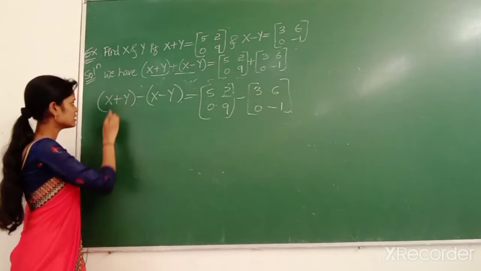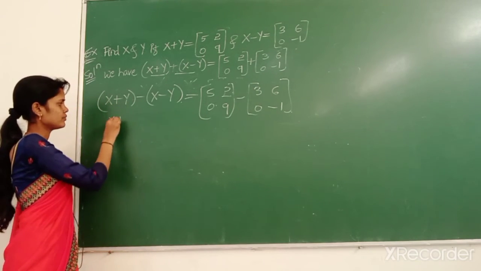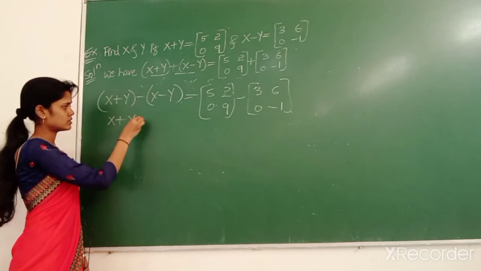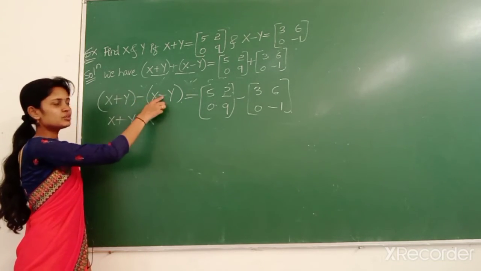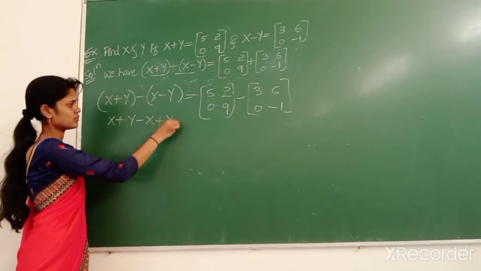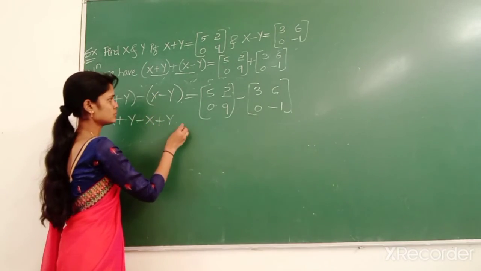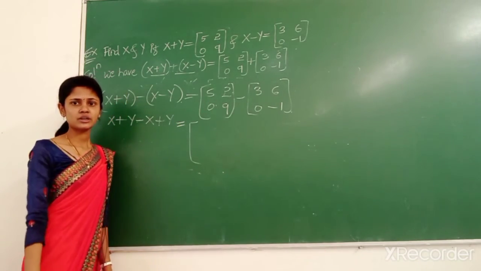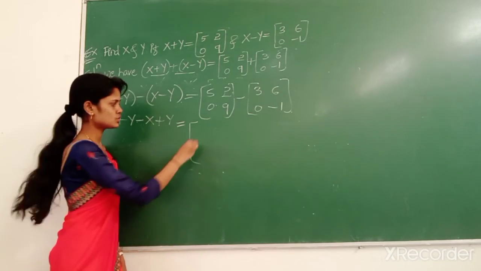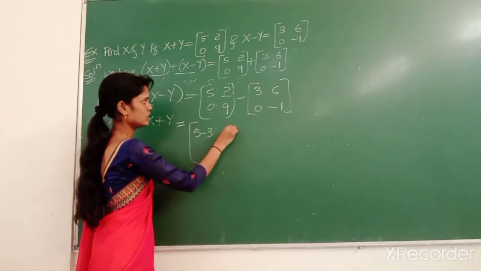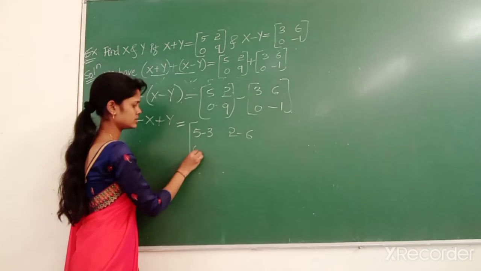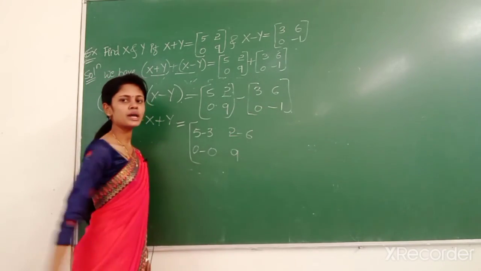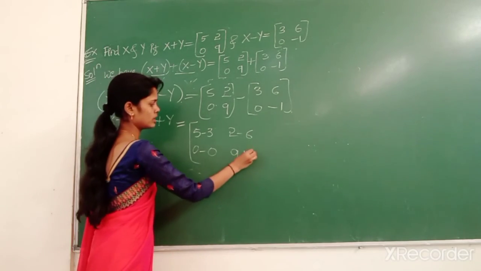Okay, so then see here, X plus Y minus X, minus into plus is minus, so minus X, minus into minus is plus, so plus Y, which is equal to the subtraction of these two matrices. So 5 minus 3, 2 minus 6, 0 minus 0 and 9 minus into minus is plus, so 9 plus 1.